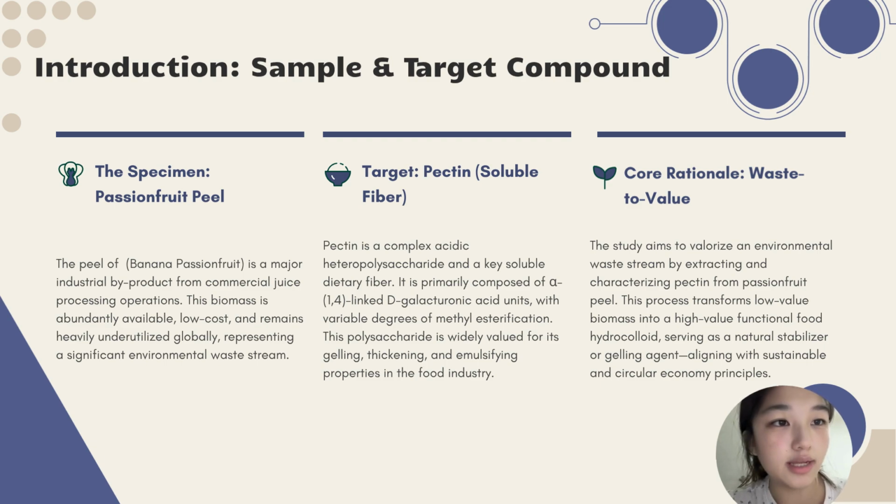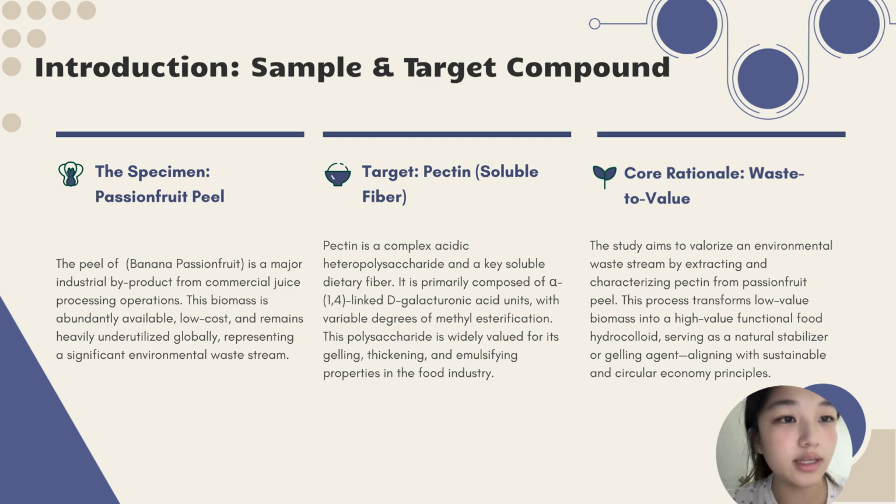The biomass utilized in this study is the fruit peel of banana passion fruit. This peel is a juice processing byproduct rich in pectin, which this study extracts and characterizes. Pectin is a complex acidic heteropolysaccharide composed of alpha-1,4-linked galacturonic acid units with varying degrees of methyl esterification.